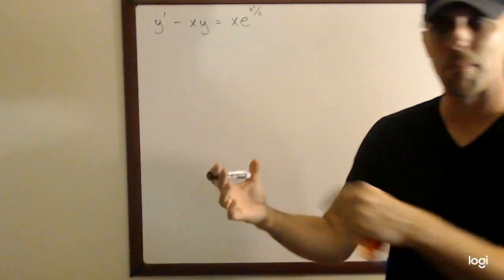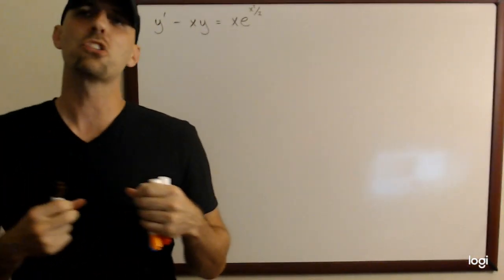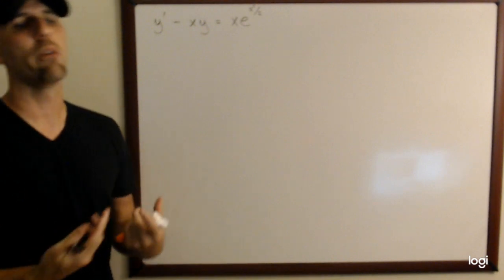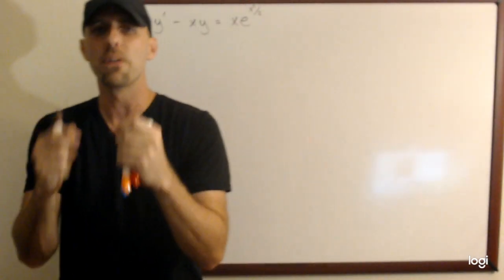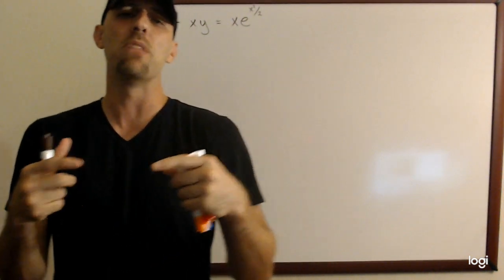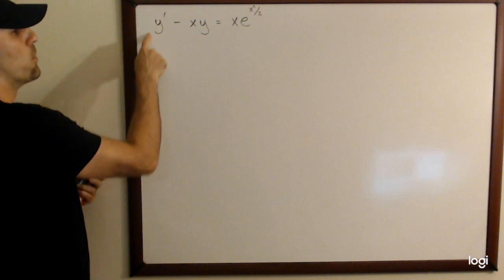First, if you remember, the first thing we did was we wanted to make sure that it was monic, that the lead coefficient was 1, because that's the version of the linear differential equation that we want to work with. So I need to make sure it's 1, but it's already 1. So good for us.